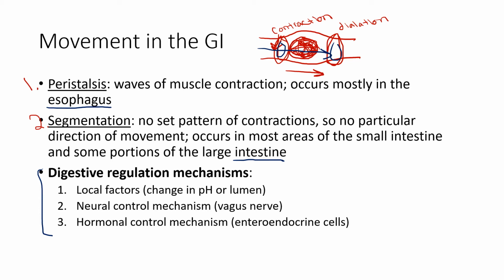You have neural control mechanisms. This is going to be through the vagus nerve, which is a long nerve going down your neck and into your chest. And then hormonal control mechanisms. So this is the enteroendocrine cells, which you can think of as the gut brain, which are going to control all of your digestive needs, if you will.